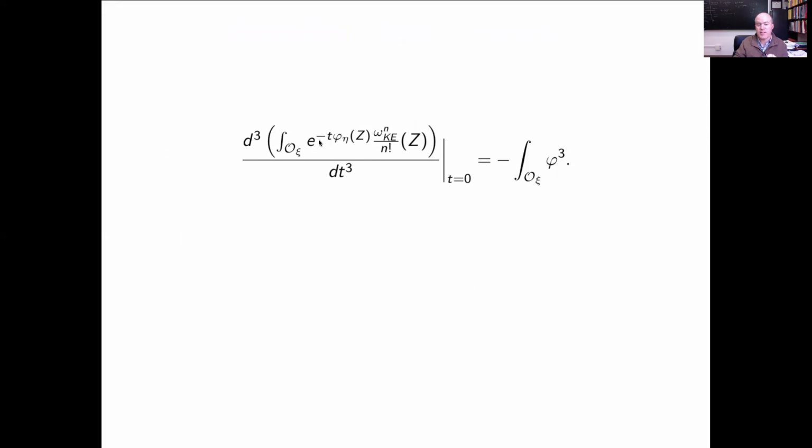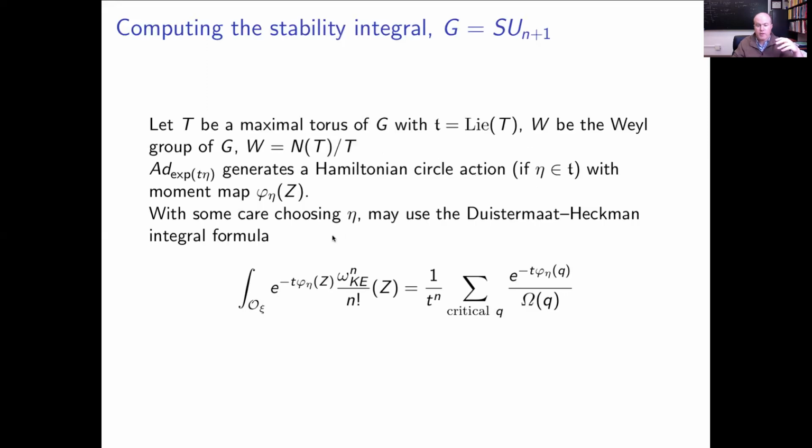The only place there's a t is e to the minus t times your function. So each time your function comes down. And if you differentiate it 3 times and evaluate it when t is 0, then this quantity is 1. You just get the integral of phi cubed up to sign. So going back, this is going to give us the integral of phi cubed.